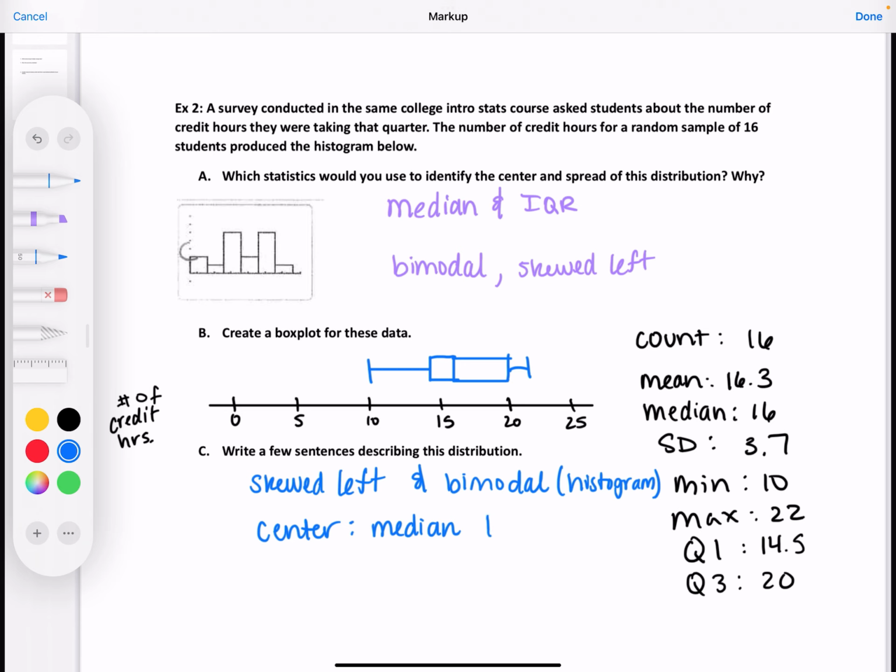Okay, 16, and we don't say it's credit hours. And then the spread would be what? IQR, which is what for this one? It's 5.5. Yep, IQR is going to be 5.5 credit hours.